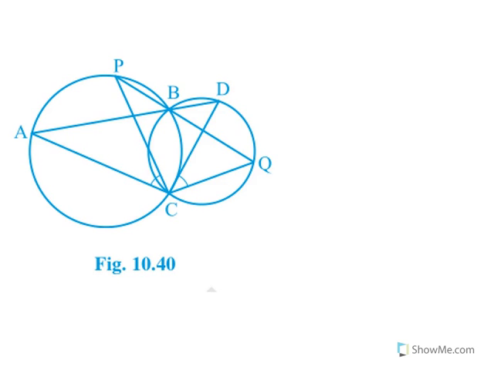Let's go over this again. So in the first step we had this angle here equal to this angle here. So we had angle 1 equal to angle 2, angles in the same arc.